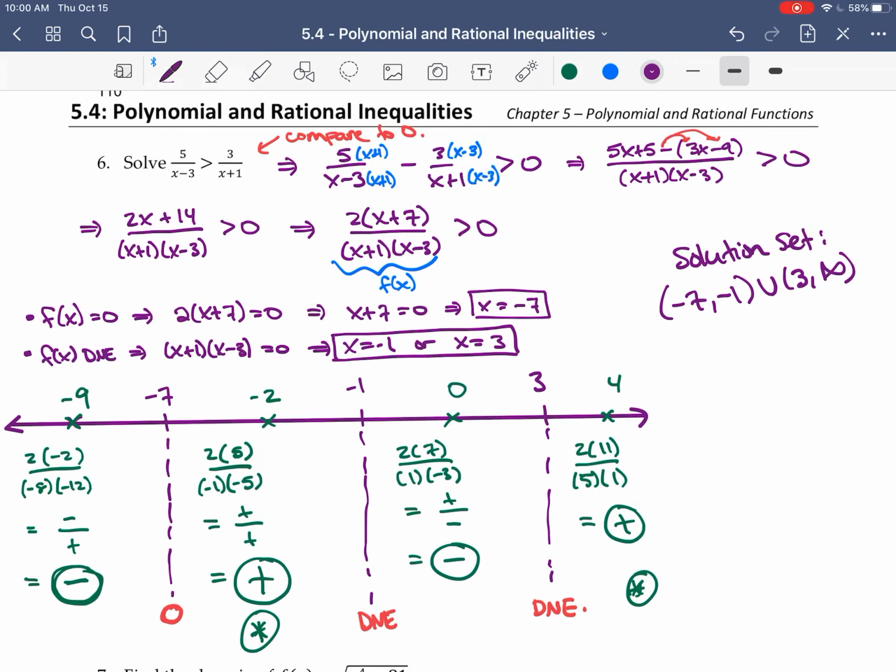Now I don't want to include any endpoints here because the inequality is strict. Okay, so I don't want it to be equal to 0, so that gets rid of the negative 7, and I could never have included the negative 1 or the negative 3 because they don't actually exist there. So that would be our solution set here.